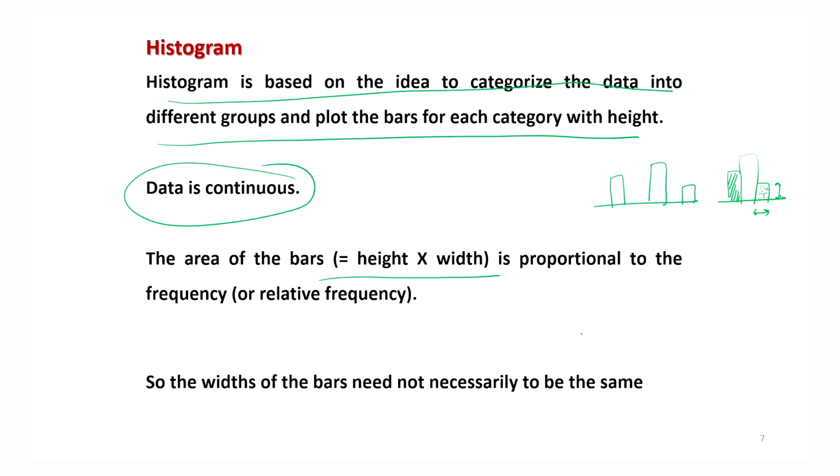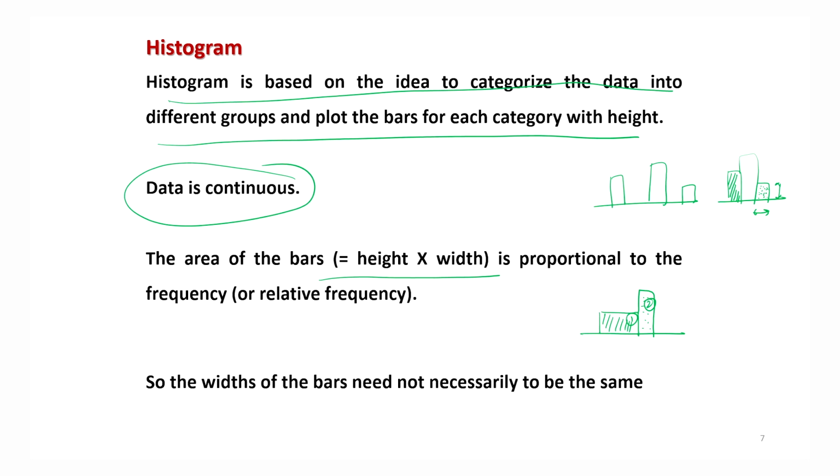So, this means what? If I try to create a histogram like this and a histogram like this, it may be possible that the area of this bar and the area of this bar, that is the area of bar number 1 and bar number 2, may be the same. But by looking at them, it is not so convenient to draw the proper statistical inference.